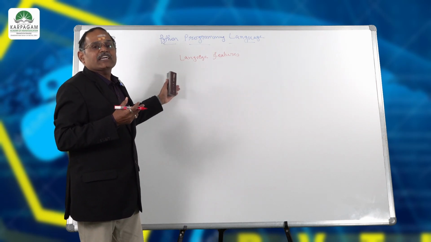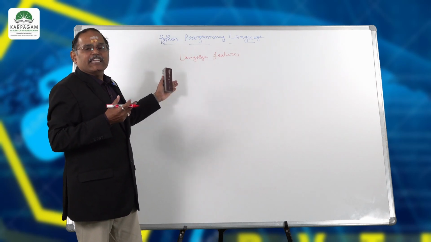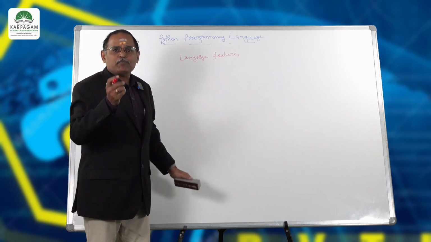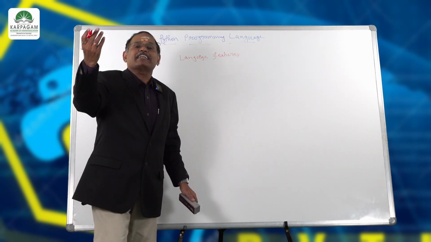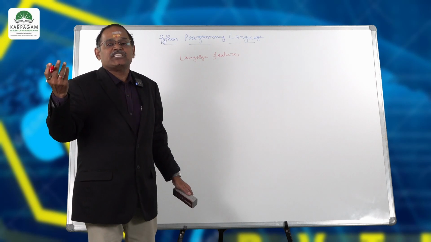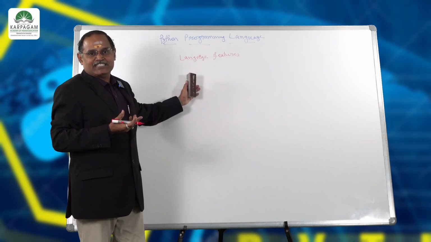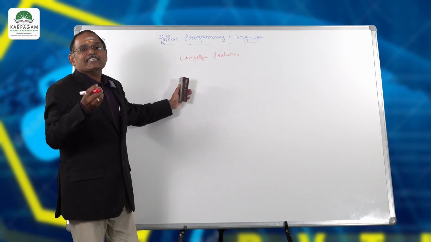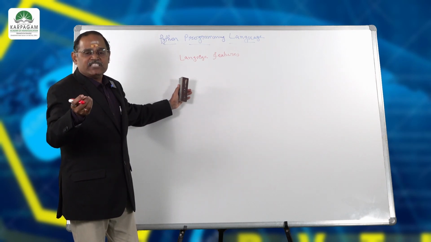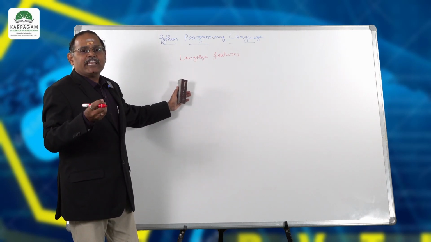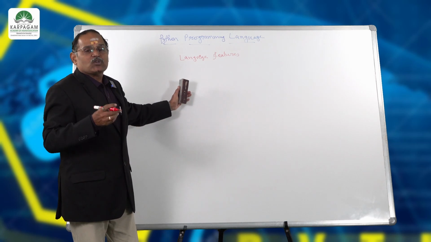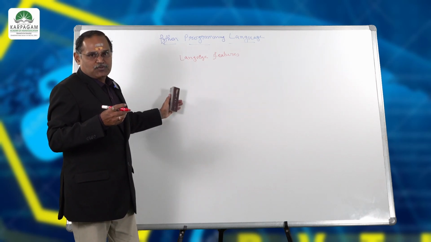Then we are having an embedding system. Embedding system means we can write the Python coding as a script in other languages like C++, C# and any other languages. Then robustness, it has exception handling features and maintains the memory inbuilt. These are all the language features.